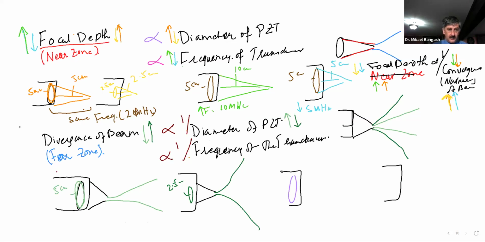But that was if the frequencies were the same. Let's say we had a frequency of 5 megahertz and 5 megahertz for both transducers.